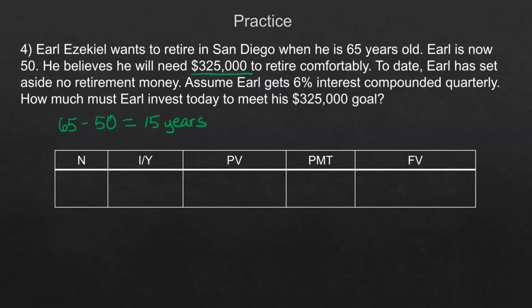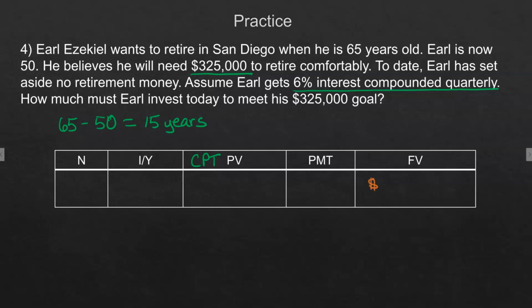To date, Earl has set aside no retirement money. Assume Earl gets 6% interest compounded quarterly. How much must Earl invest today to meet his $325,000 goal?